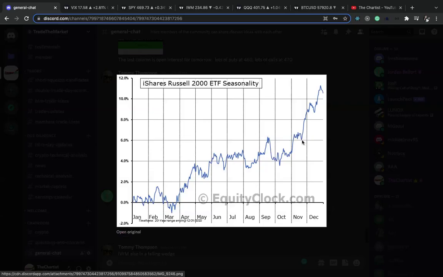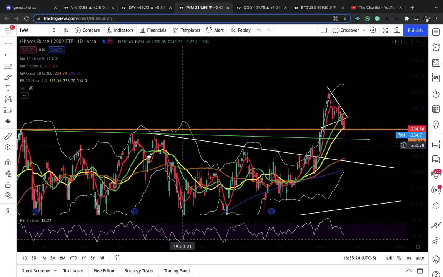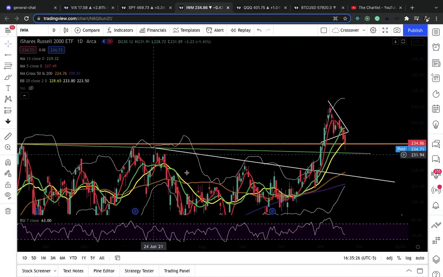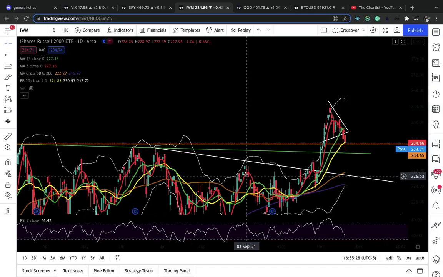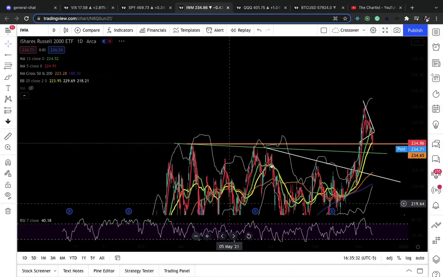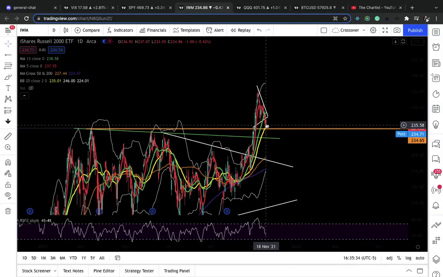Doesn't it look eerily similar? This was the previous high back in September, I think. Looking eerily similar. Oh, it's all the way down here. So it's not quite similar, but around this time it did predict that it was going to drop. All right.